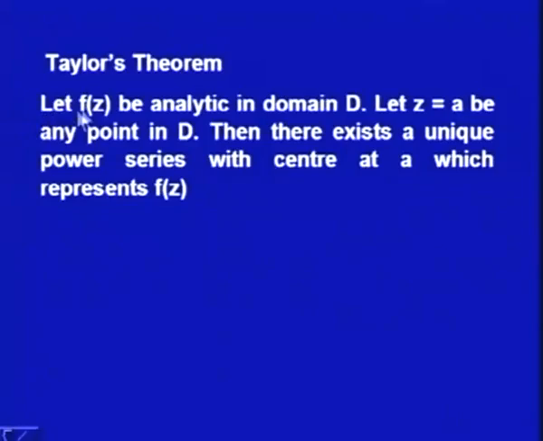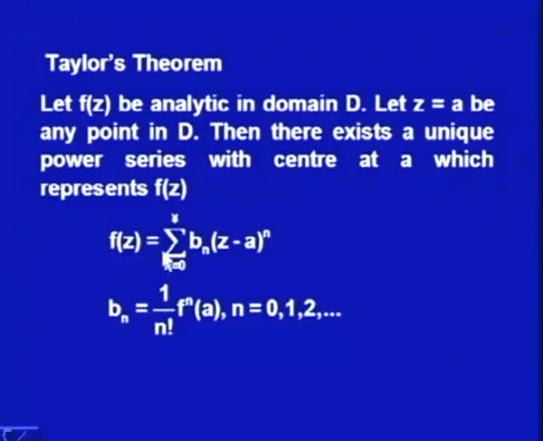According to this, let f(z) be analytic in domain D, let z is equal to a be any point in D, then there exists a unique power series with center at a which represents f(z). So, f(z) is represented as the sum from n is equal to 0 to infinity of b_n (z minus a) raised to power n, where the coefficients b_n are given by 1 upon factorial n multiplied by f^(n)(a), the nth derivative of f(z) evaluated at center z is equal to a, and this is true for all values of n equal to 0, 1, 2 and so on.